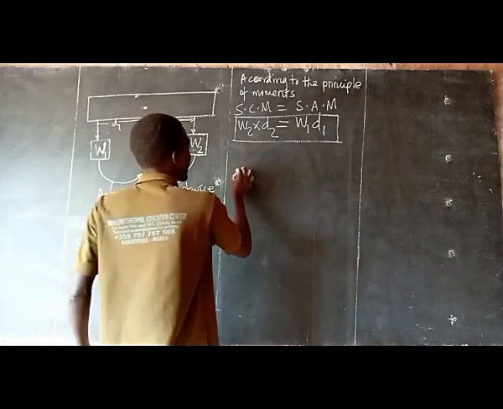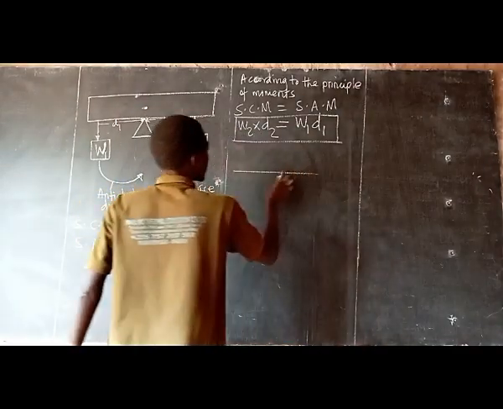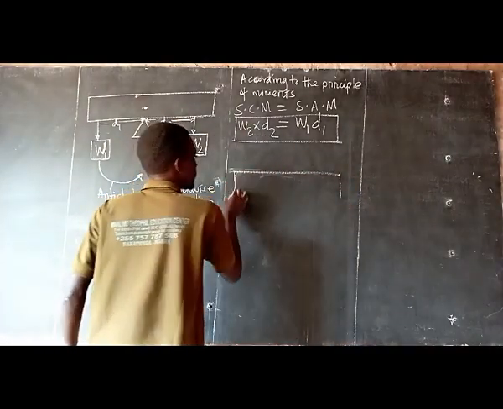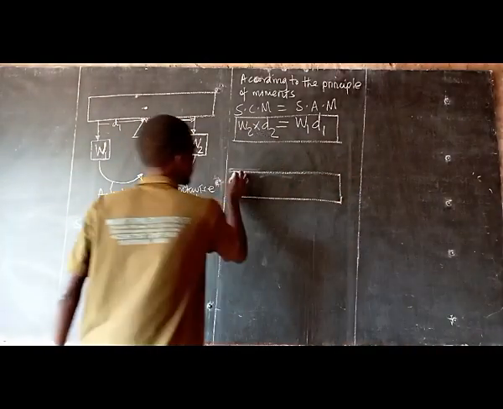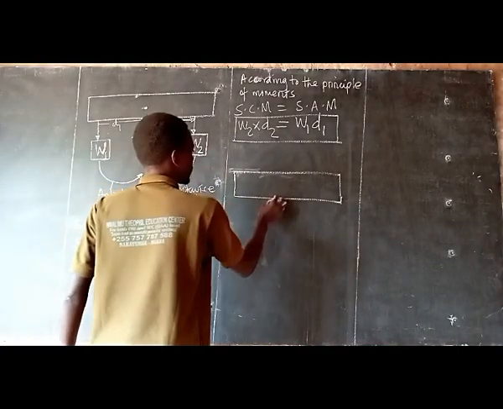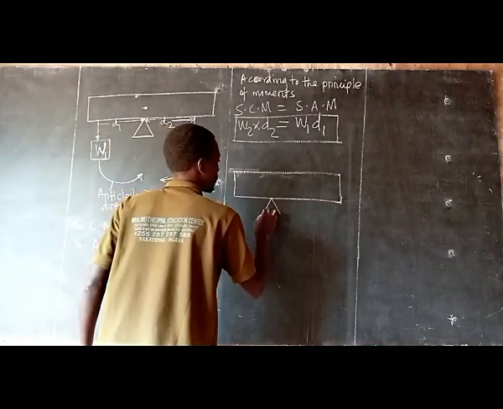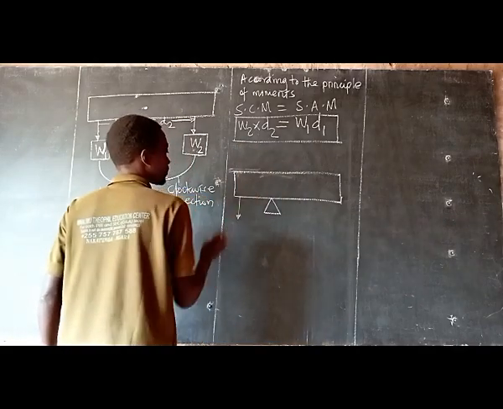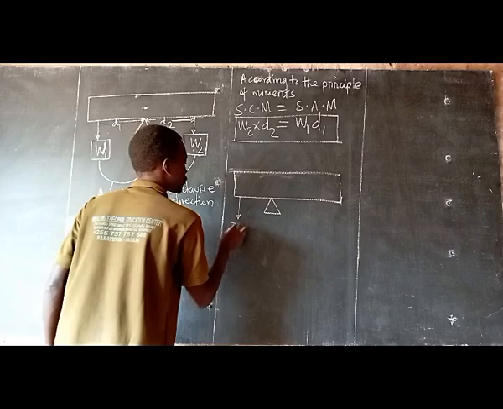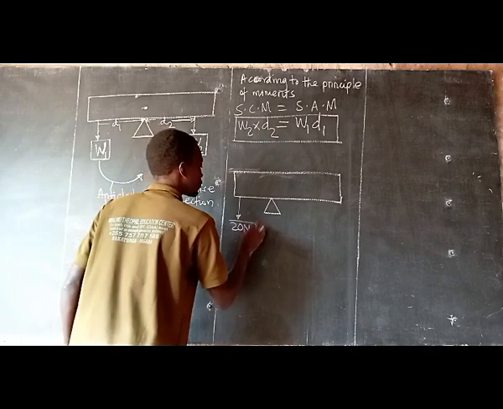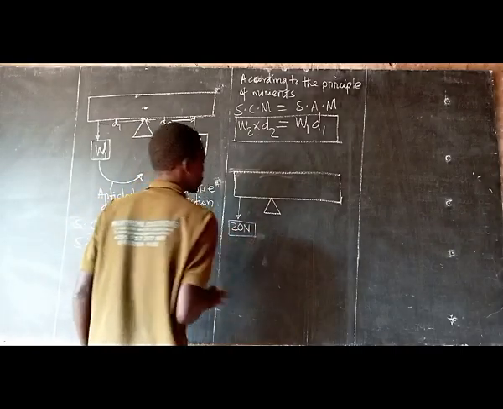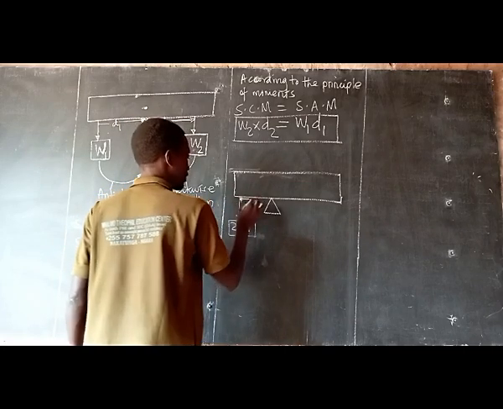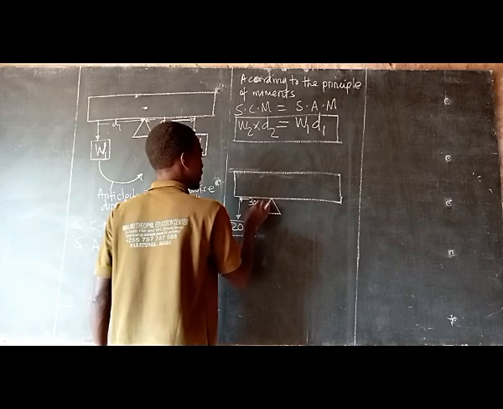For example, just assume we have this setup, maybe it is a ruler, and it is balanced at this point, and weight one is maybe 20 Newton. Its perpendicular distance, let's say, is 30 centimeter.